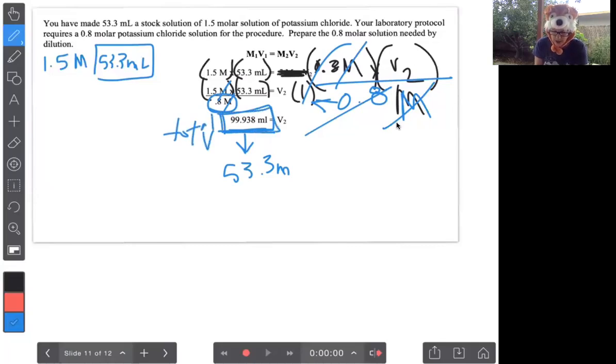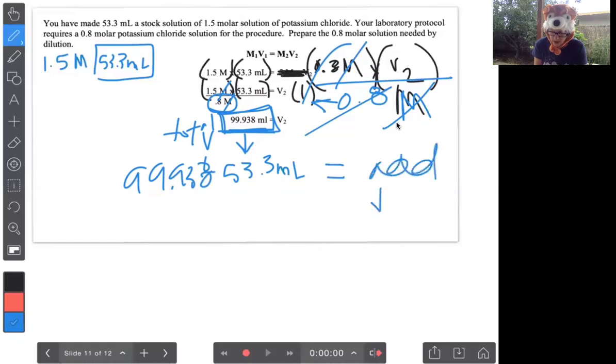And so we already have this much. So how much do we add? Minus that is how much we add to the 53.3 mLs. Okay, does that make sense? Right, because this is our M1, V1, what we have, and then what we want.